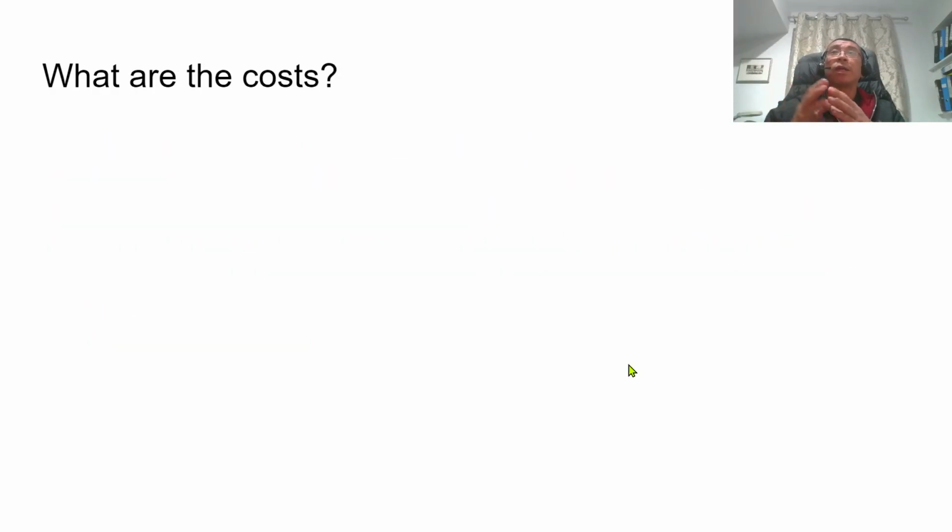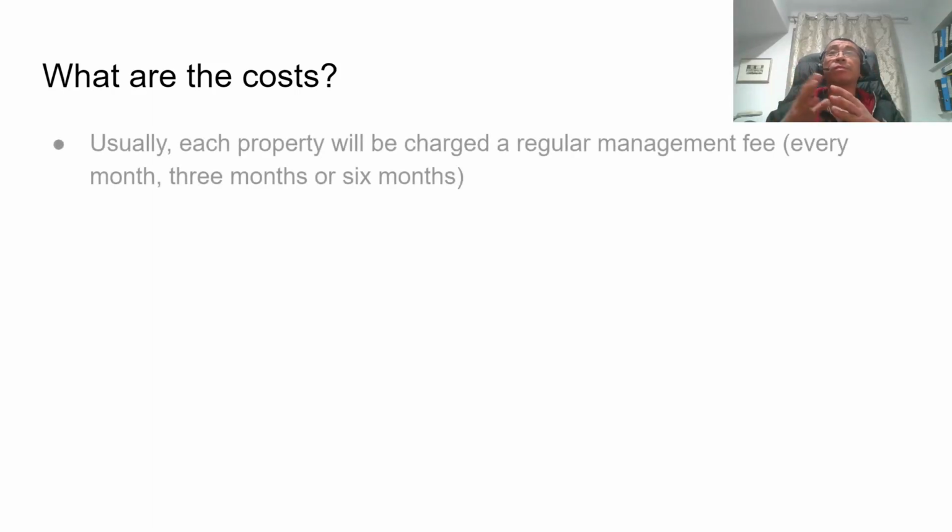Now, how much does it cost, and what are the costs? Usually each property is charged a regular management fee, and it could be every month, every 3 months, every 6 months. There's just no set standard, but most of the time it's every 3 months or every quarter.